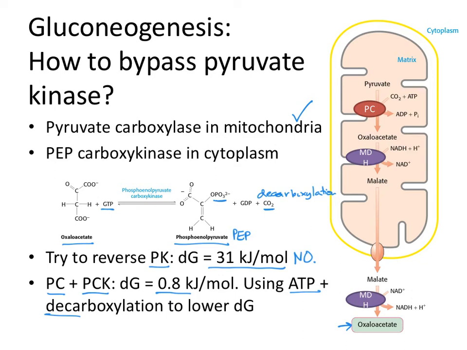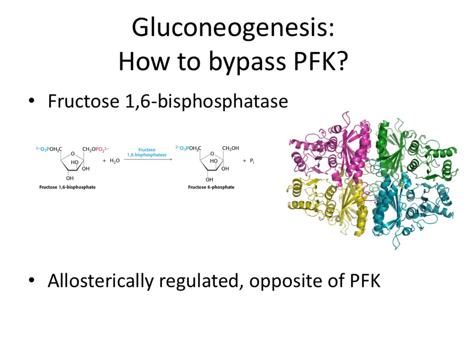Let's talk about the next enzyme in the pathway. We can use the standard enzymes of glycolysis to get from PEP to fructose 1,6-bisphosphate. And now we would normally use PFK to get back to fructose 6-phosphate, but PFK again is irreversible in glycolysis.